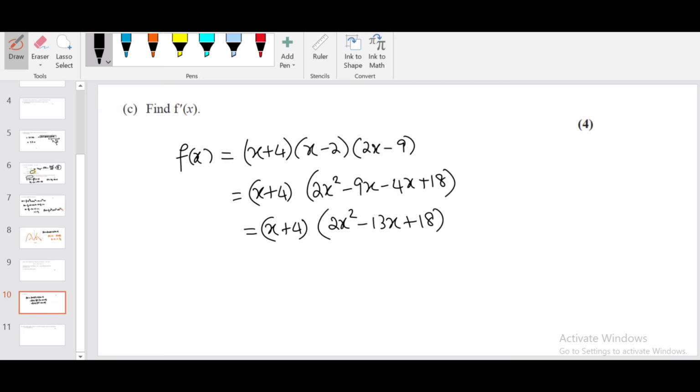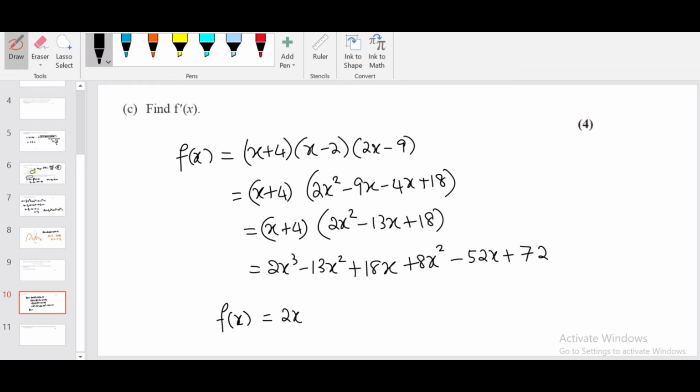Now open the bracket again. Take x and multiply everything: 2x cubed minus 13x squared plus 18x. Take 4 and multiply everything: 8x squared minus 52x plus 72. So f(x) is going to be 2x cubed. Simplify the like terms.